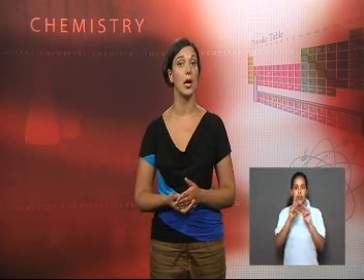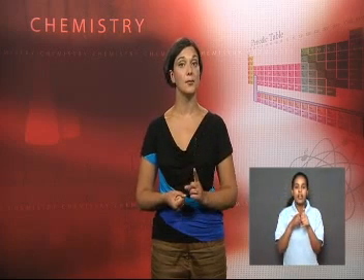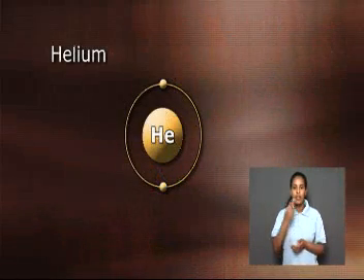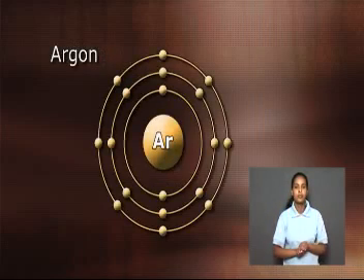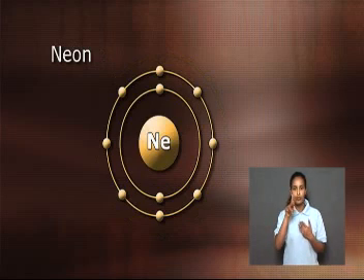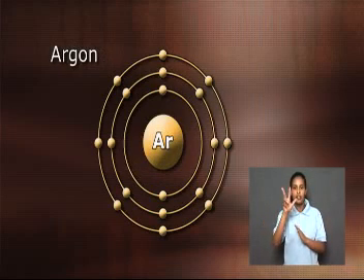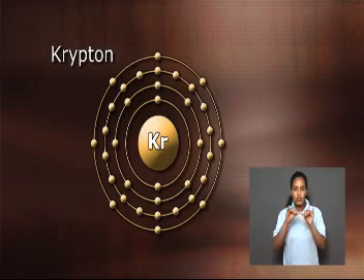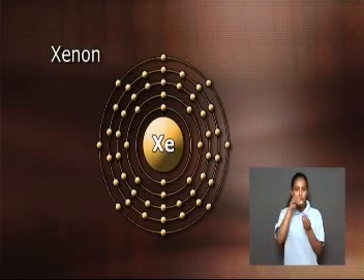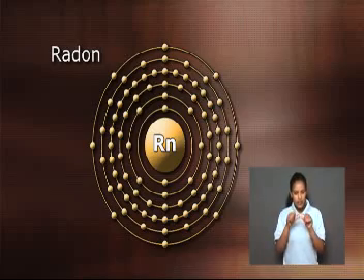For example, if we look at group 8, which is the very last group on the periodic table, the first element is helium. Helium atoms have one principal shell. As we move down that group, we come to neon and then argon. Neon has two principal shells and argon has three. Every element that comes next as we move down that group has one more principal shell in its constituent atoms.